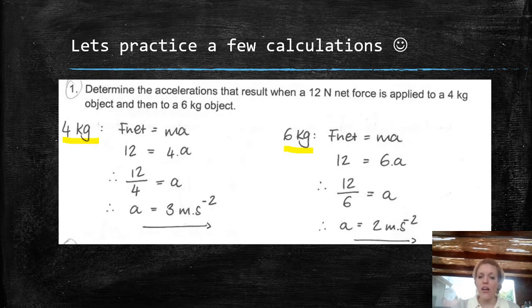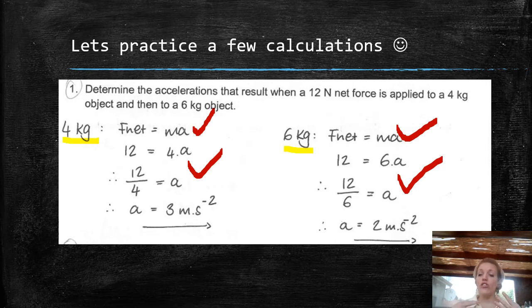First thing you're going to do is give me the formula. Okay, I want Fnet equals ma. Then I want you to put in the substitution. Okay, and you're not going to get 2 marks for substitution or manipulating the formula. You're going to get 1 mark for that. And then you've got your final answer, which for 4 kilograms will be 3 meters per second, and for 6 kilograms, it's going to be 2 meters per second.